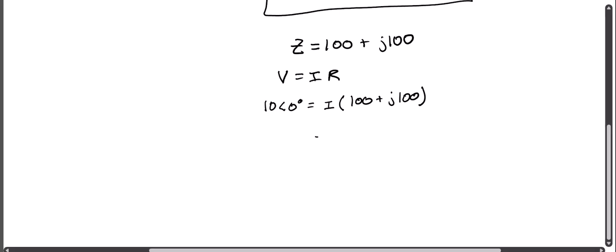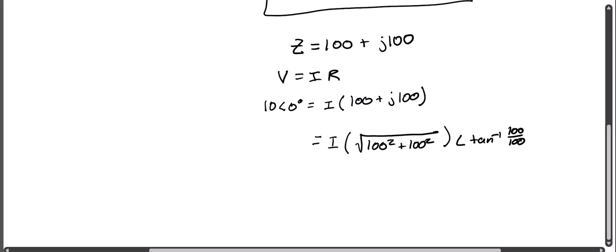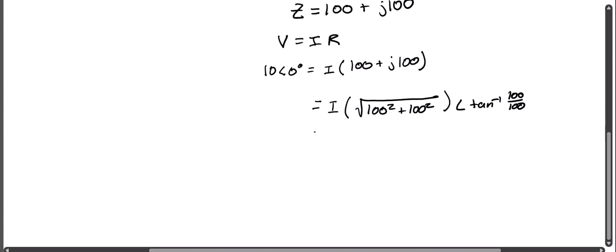So to change this to a phasor, the magnitude would be the square root of 100 squared plus 100 squared, and the angle would be the inverse tangent of 100 over 100. And so that magnitude is 10 times the square root of 2. And what is the inverse tangent of 1? 45 degrees.